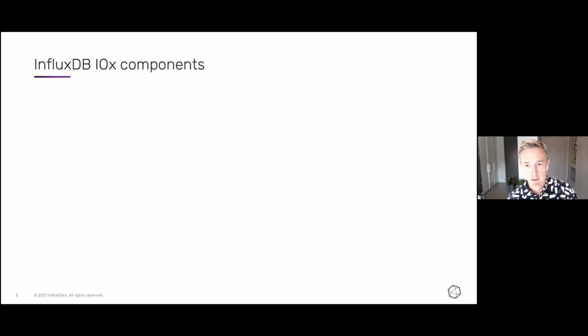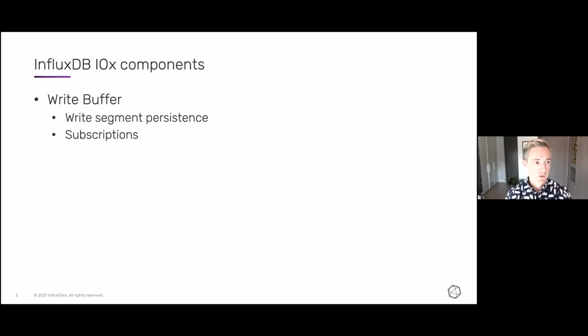So let me just talk about some of the higher level components. You may have heard of these before, but not all of these things are required to run in the same process. They basically can be optionally configured. And in this example, we'll actually put different parts of these components into different servers. So the very first is what's called the WriteBuffer. If you're looking at a single server database, this is maybe like a write ahead log.